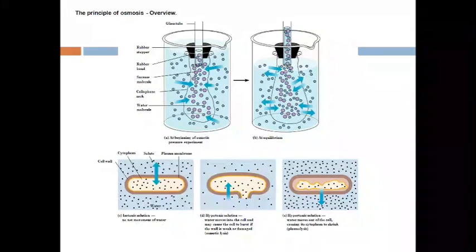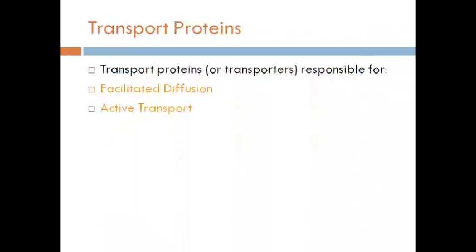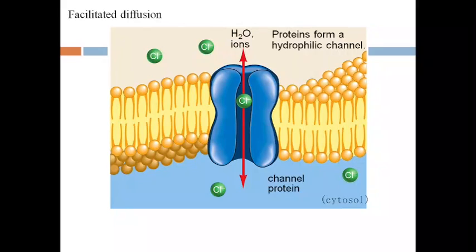But it differs from simple diffusion in that it is stereospecific, it shows saturation kinetics, and it requires a carrier protein molecule for the process to happen. Here we can see chloride ions passing through the channel protein, with the help of a carrier protein molecule.